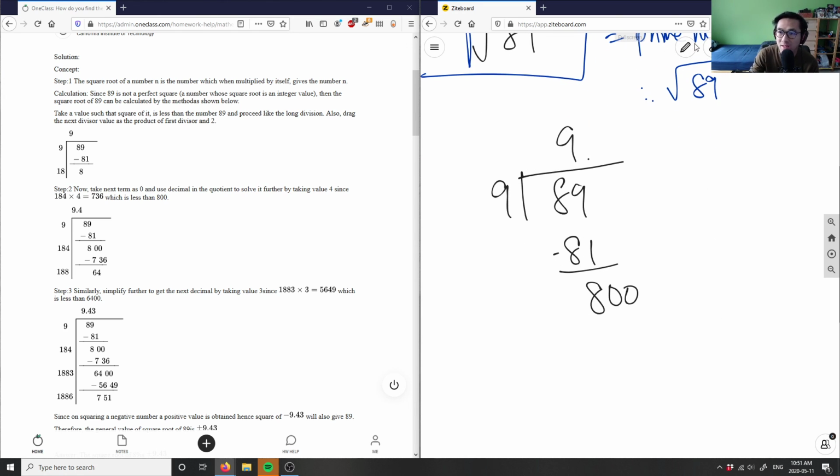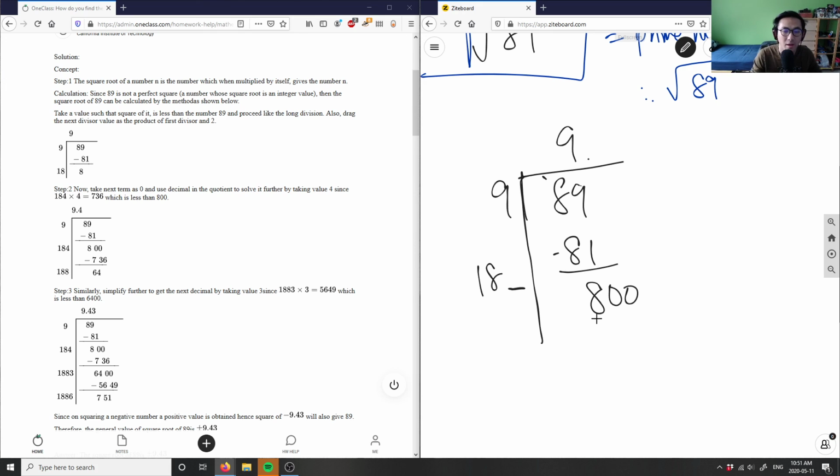Then what I can do next is double my quotient to make it 18. So I have 1 8 here, and I'm leaving this value blank. I'm thinking of what number here and what number here, and they have to be the same number as always, would give me closest to 800.